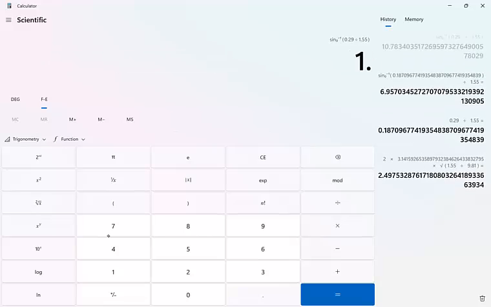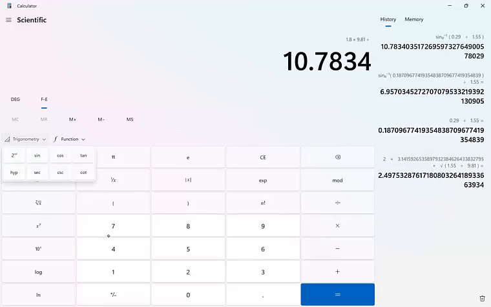So 1.80 times 9.81, and then divided by the cosine of 10.7834. I'm using that number from memory here.